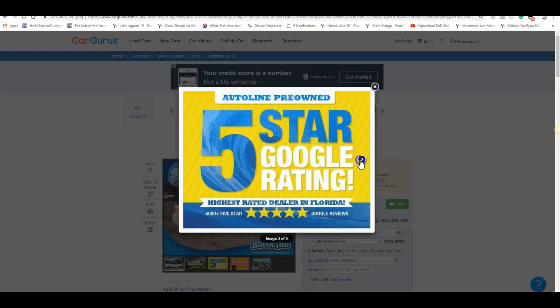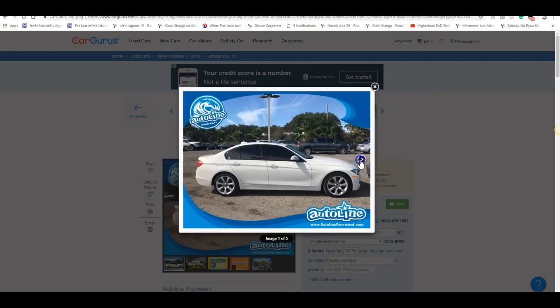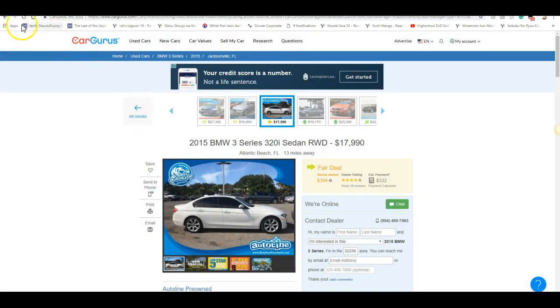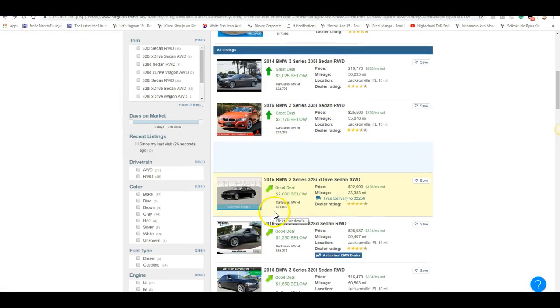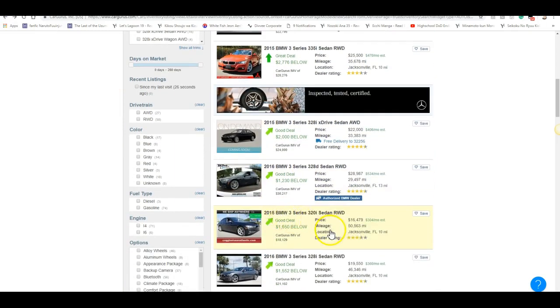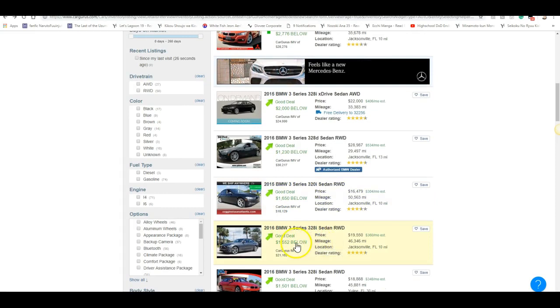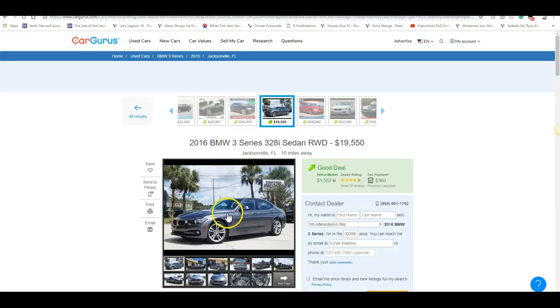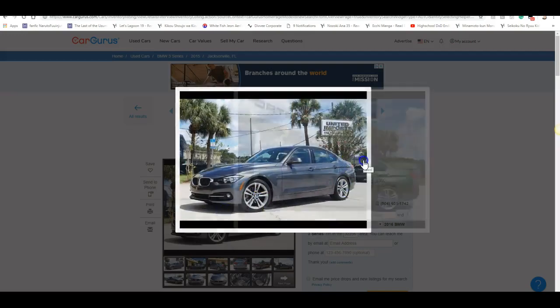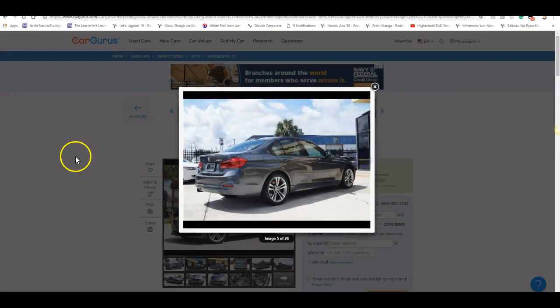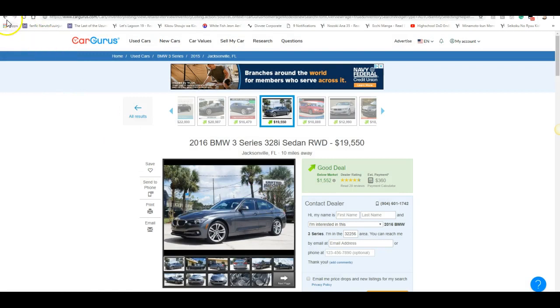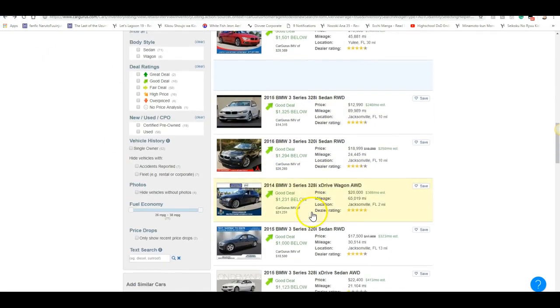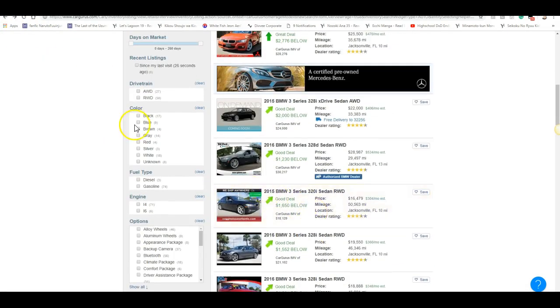Okay, I don't like these. I only got one picture of this car, so let's see. There's another 320i. 328. 2016. You know what? I want to look for a 2-door. Let's see.